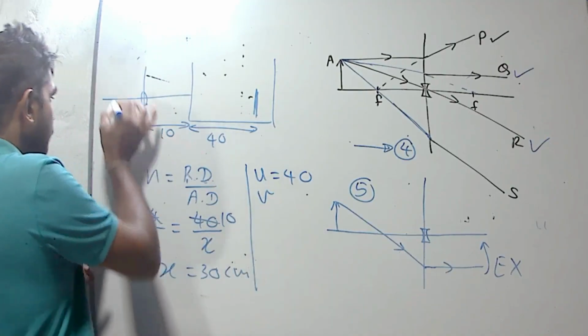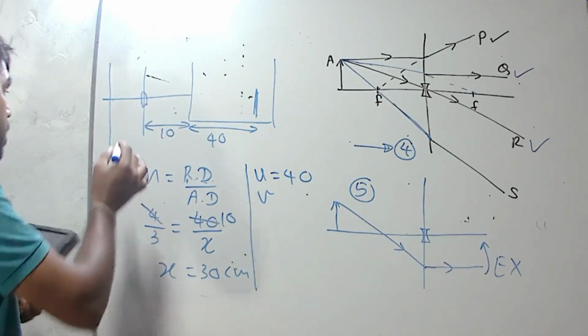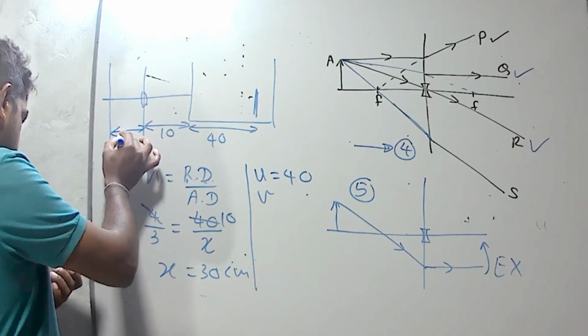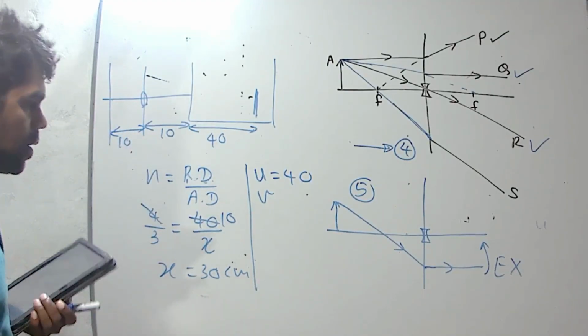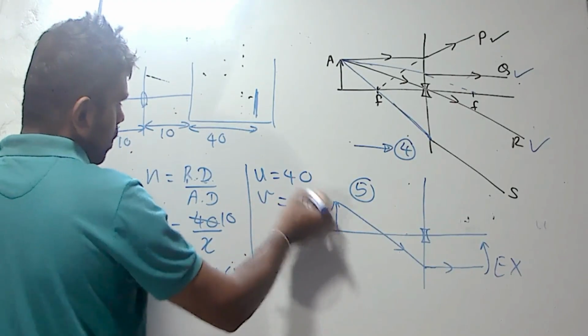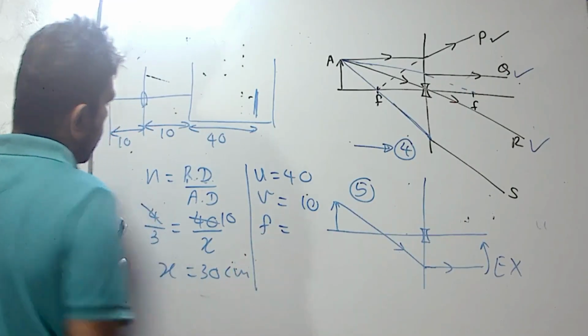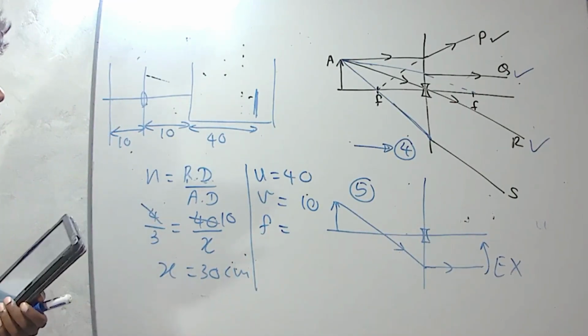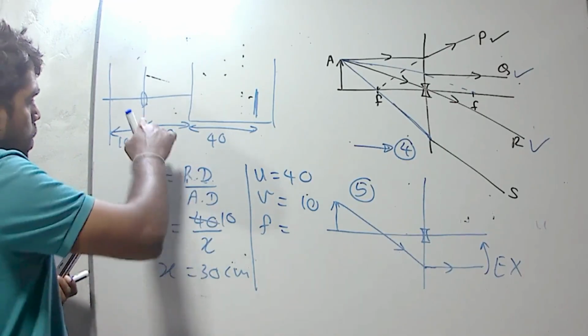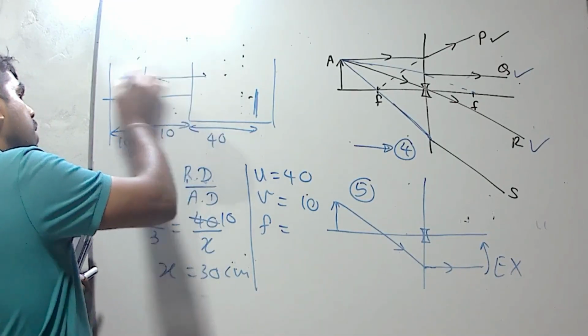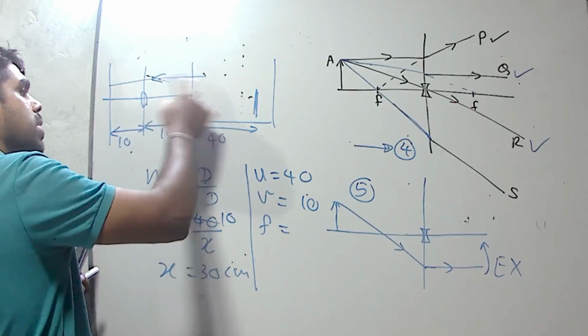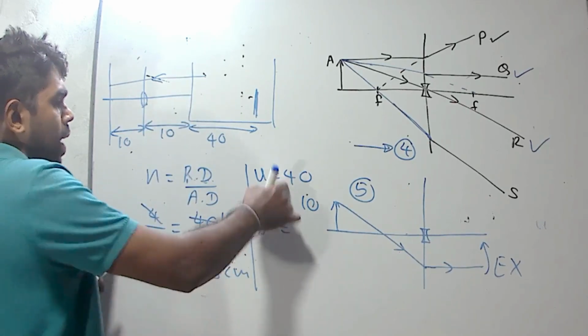Image should be formed on the screen, which is spaced 10 centimeters. Therefore, v value is 10. Now we can consider sign convention. Light rays are moving towards this direction. U is opposite to light rays, it is a plus value.